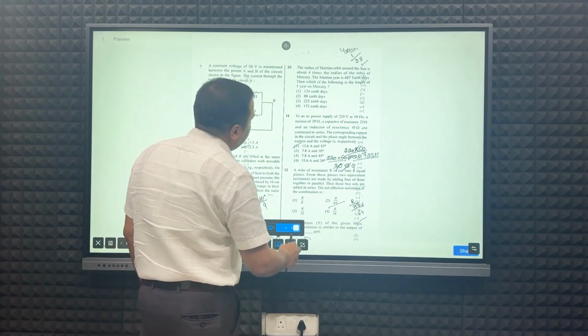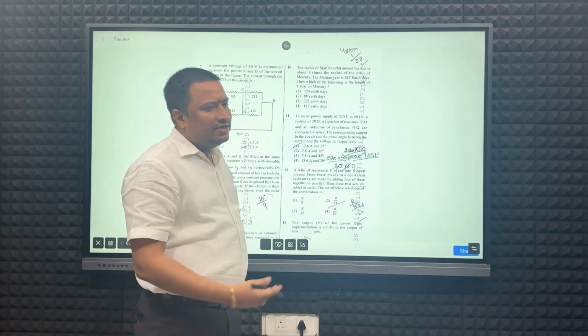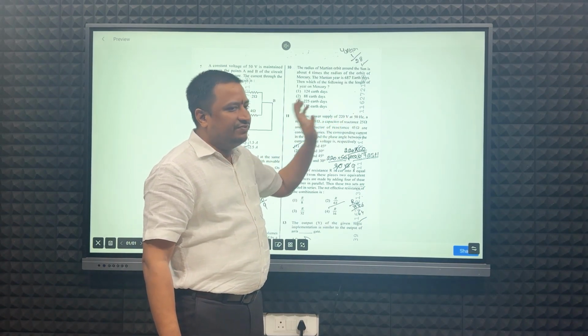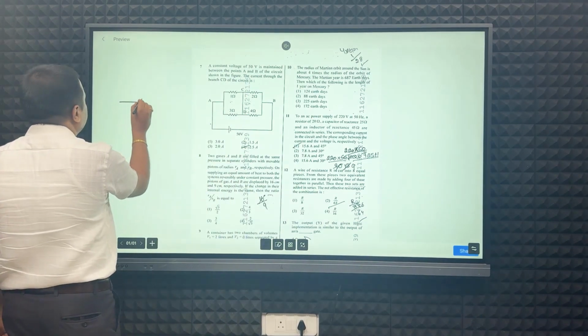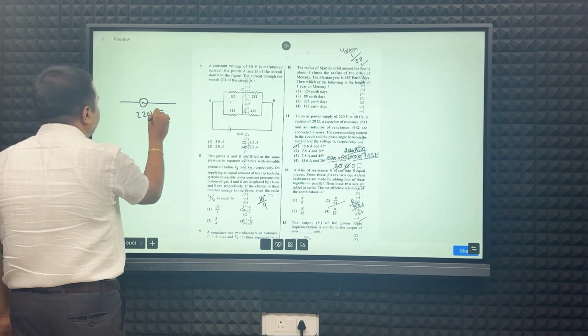Next is our question number 11. Question number 11 is of alternating current. Very, very simple question. What are they saying? To an AC power supply, 220 volt and 50 hertz.